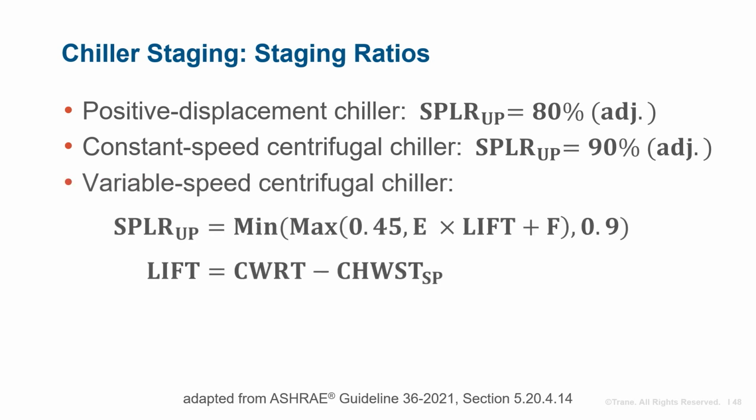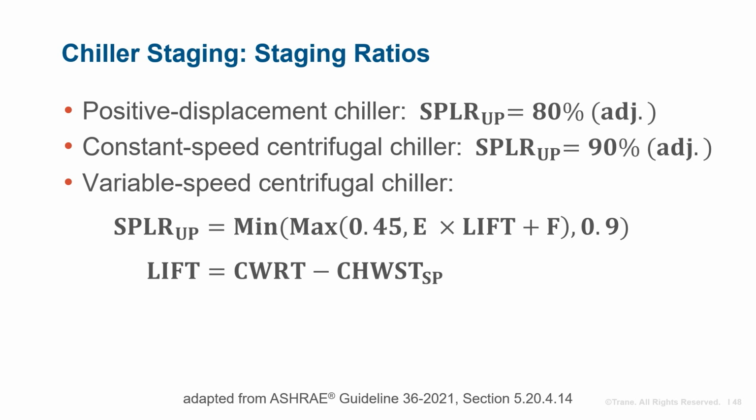For variable speed centrifugal chillers, the staging part load ratio is calculated as the 5-minute rolling average of the equation shown, sampled at least every 30 seconds per the guideline. Factors E and F include two new terms I alluded to earlier when I mentioned equipment capabilities.